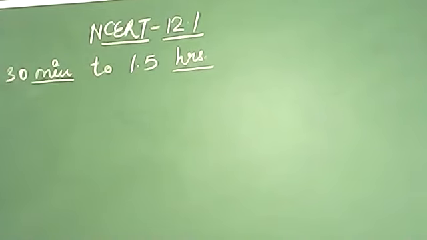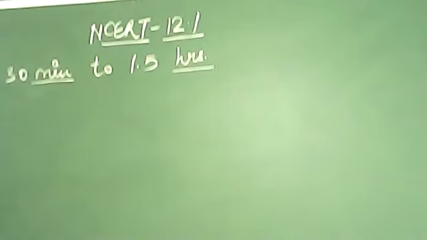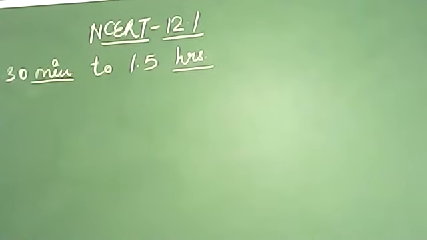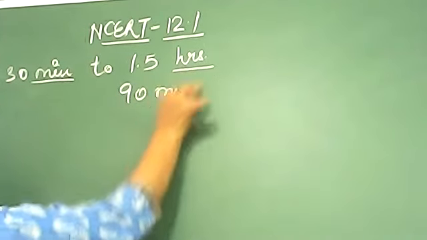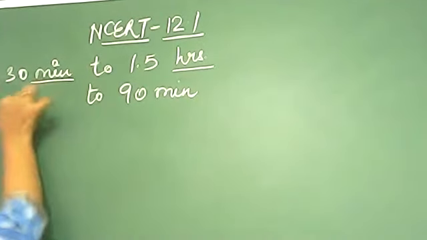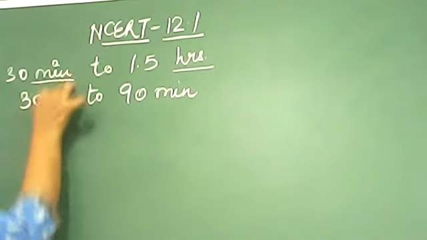So first you make a common unit which you can convert easily. You know hour to minute would be easier for you all. So you must be knowing beta, 1 hour जब हम लेते हैं that means 60 minutes and 1.5 लेते हैं that means 1.5 hour. ठीक है? So 60 plus 30 will give you 90 minutes. So I am writing directly 90 minutes and this was already 30.